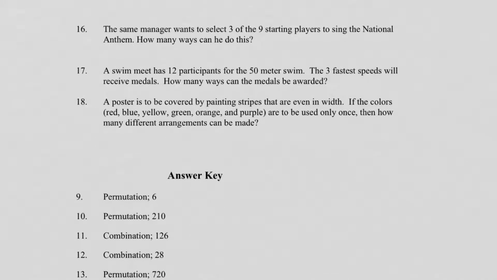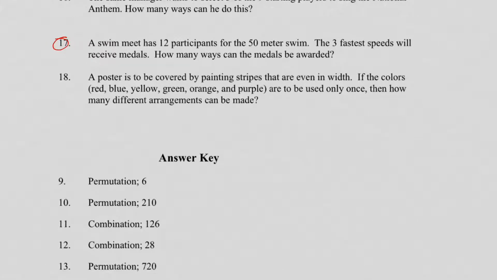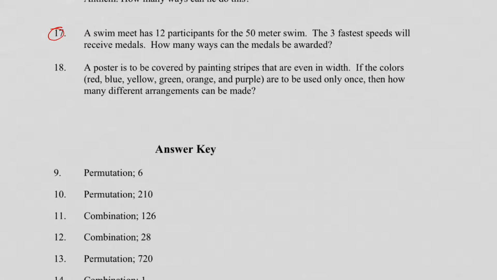All right, so let's do one more odd. A swim meet has 12 participants for the 50-meter swim. The 3 fastest speeds receive medals. Yes, definitely order matters, because who's going to get the gold, who's going to get the silver, who's going to get the bronze? That definitely matters.